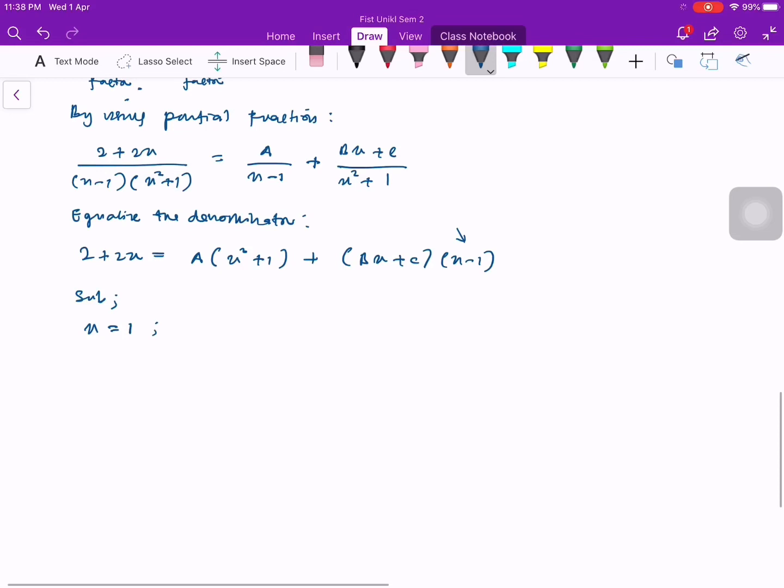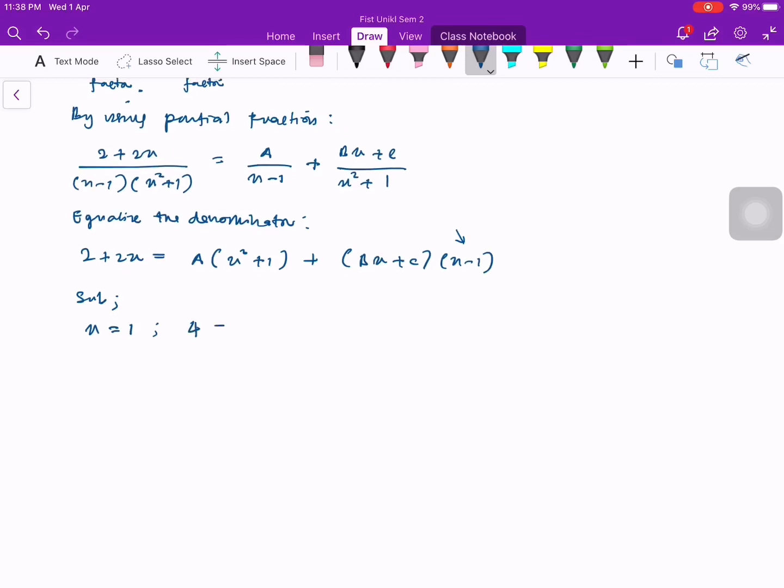So here I substitute x equals 1, then I'm going to have 4 equals a times (1 plus 1), which is 2. Therefore I will get a equals 2.